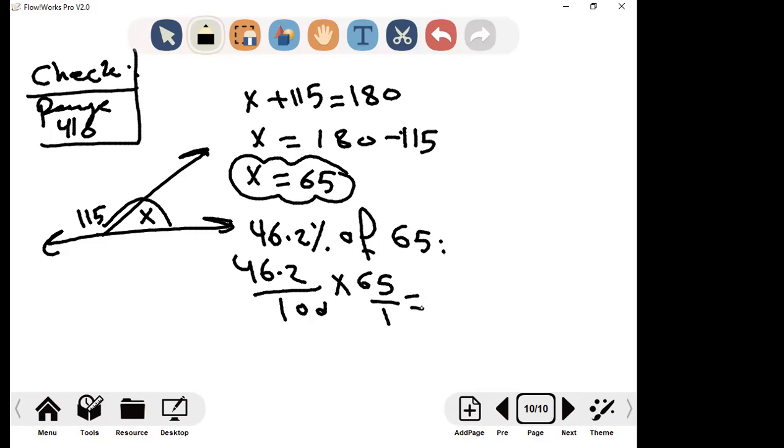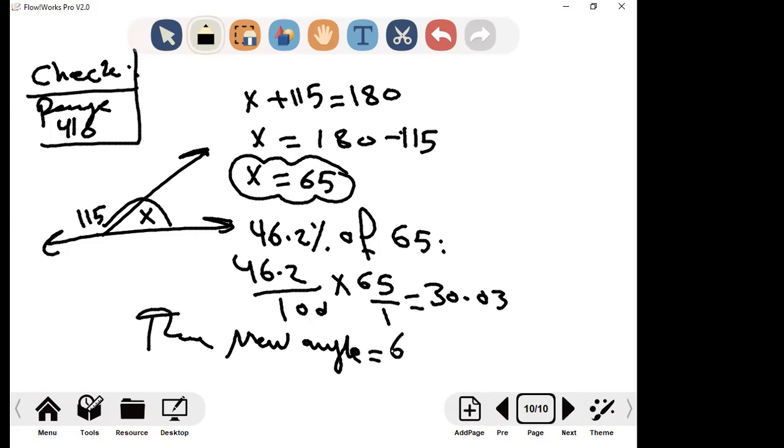Let's find the answer. 46.2 times 65 equals something, divided by 100 equals 30.03. Now the new angle will be the original minus the 30.03. This will be 35.65 minus 30.